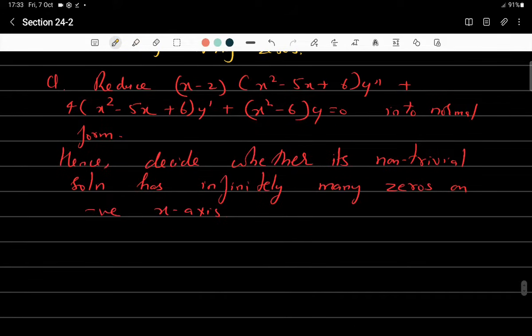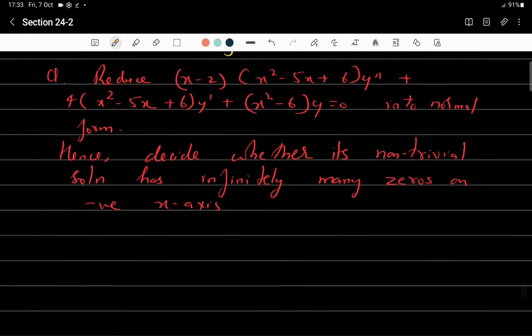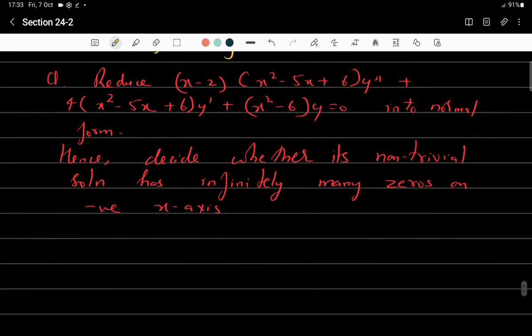Reduce the following equation into normal form and then find whether its non-trivial solution has infinitely many zeros or not. Please do try it by yourself. So to solve it, first write it in the standard form again.